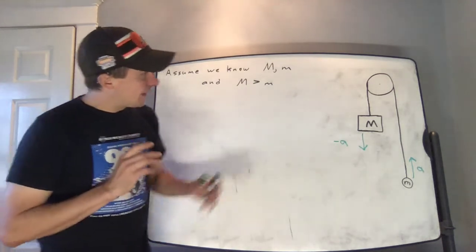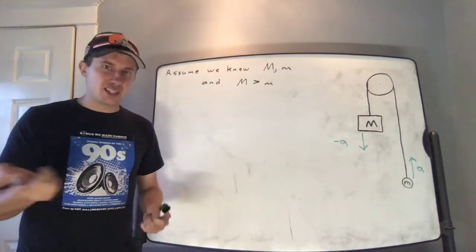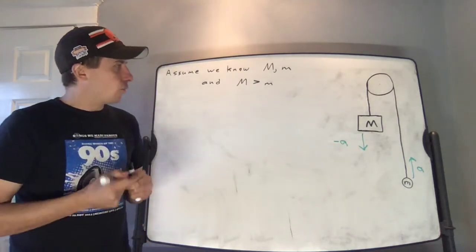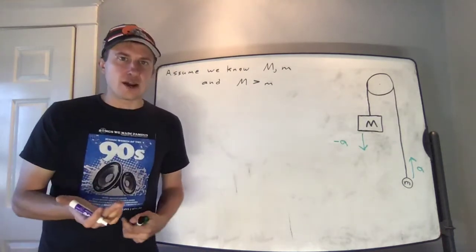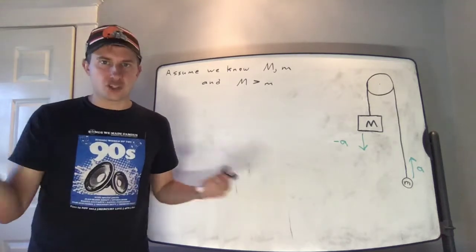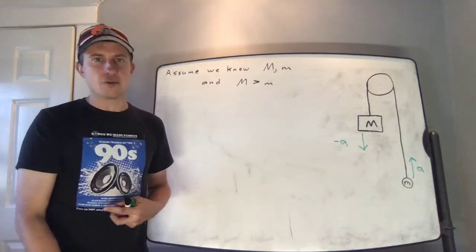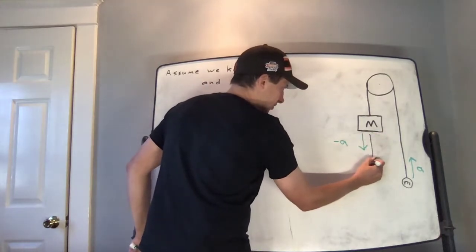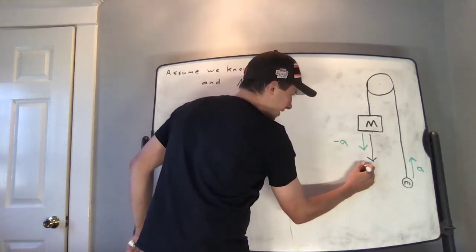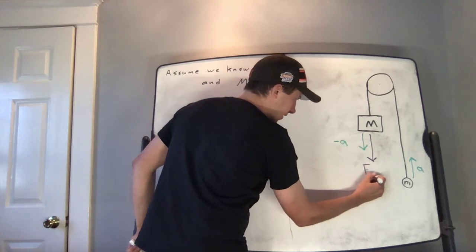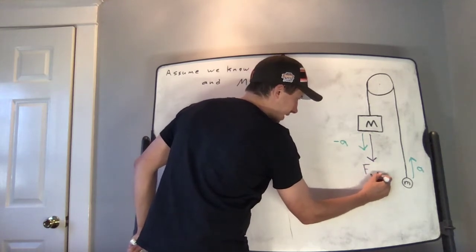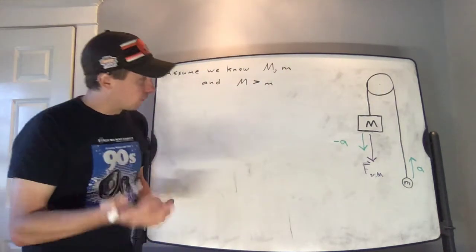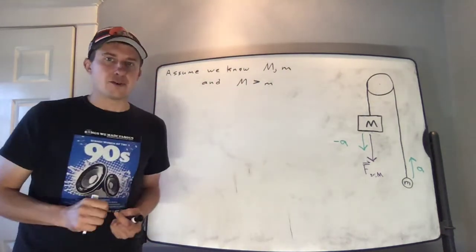What I'm going to do next is look at the forces on each of these masses. So I look at just this large mass first, and I could say, okay, what are the forces on it? Well, we know there is the force of gravity on the large mass, and the force of gravity is always pulling down towards the surface of the Earth. So I could draw that in. Here is the force of gravity on the large mass. So I'll say force of gravity on big M. And then I ask what other forces might be acting on that large mass.